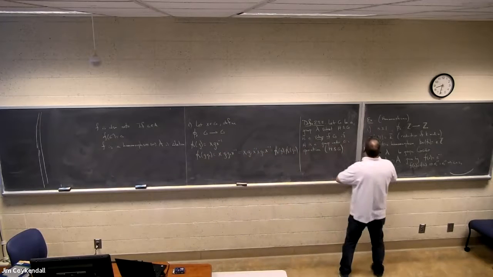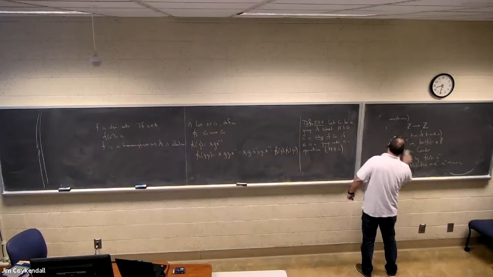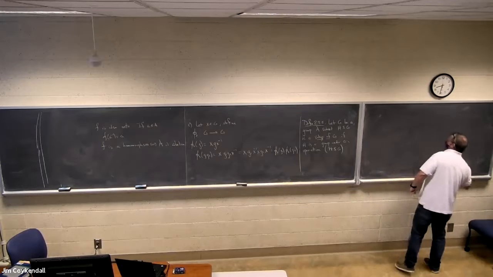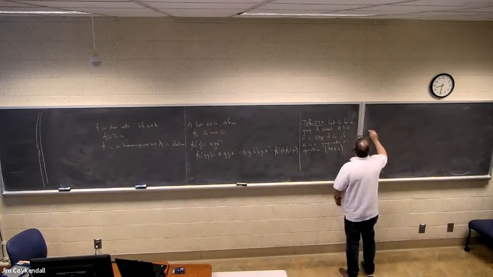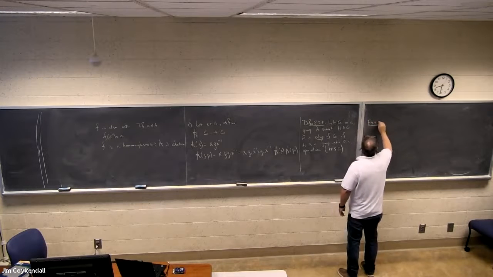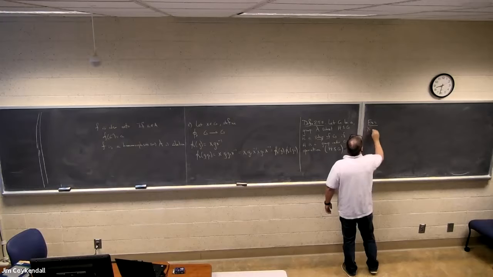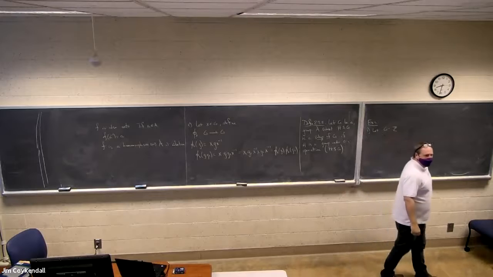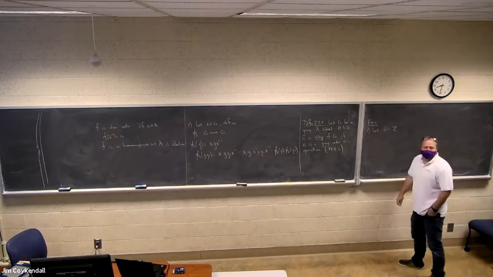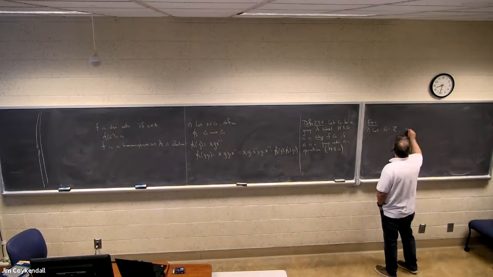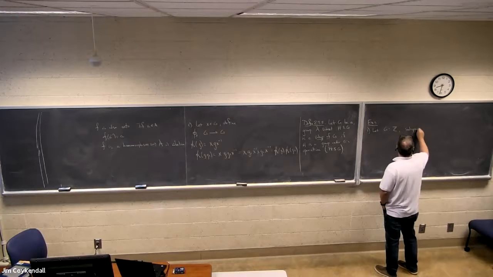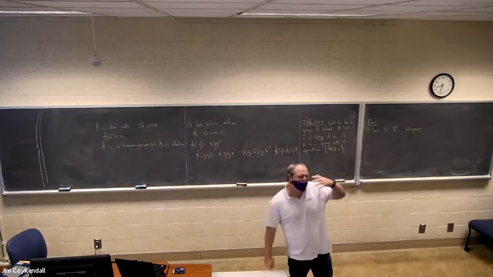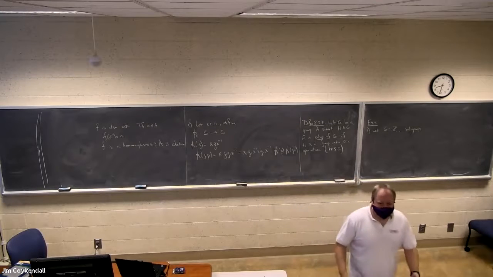Example number one: Z under addition. Anybody name... I mean, obviously, one subgroup is the identity, and one subgroup is all of Z. Anybody know any others?